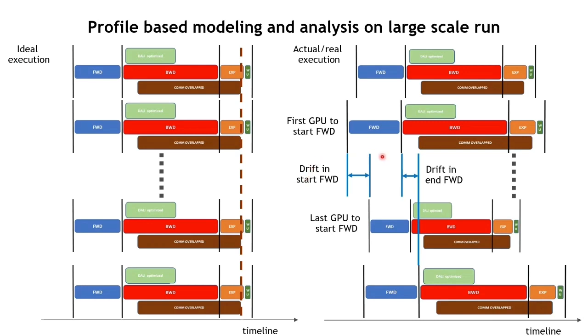On the right side, we have the reality: variable executions, where the start and end of each phase happen at their own pace in a non-deterministic behavior, but still subject to execution dependencies, which we are going to leverage for our understanding of what is reasonable and what can be optimized.